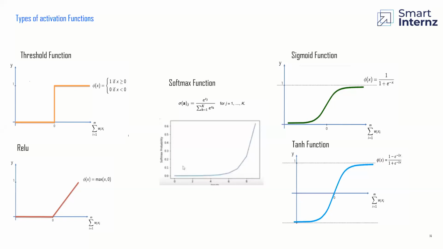It adds non-linearity to the output and is mainly used for classification type problems. Suppose you have 10 different categories, the range is from 0 to the number of categories you have.